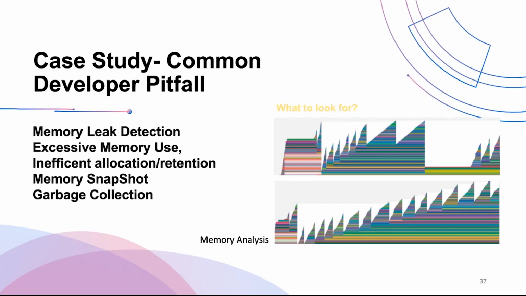So in the graph, you can see there are two graphs. In the upper one, you can see that the memory is rising, and after some method has been completed, it's dipping. And in the next method, it is increasing and decreasing accordingly.